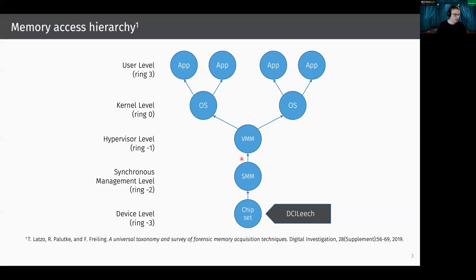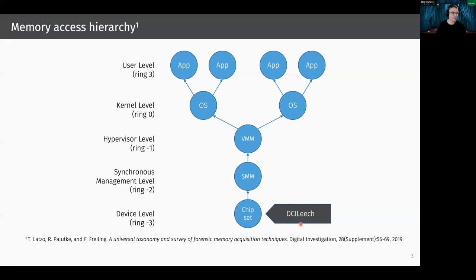Below the virtual machine monitor is the synchronous management level. For x86, this means this is the system management mode. And one layer below, there's the device level. And here is also our DCILeech tool that I want to introduce in this talk.